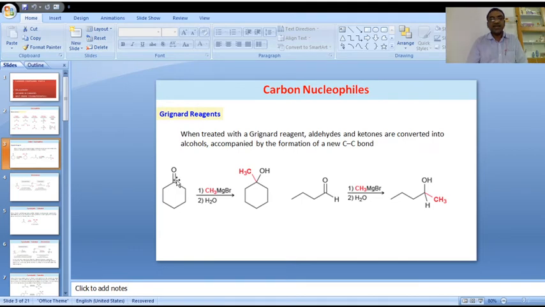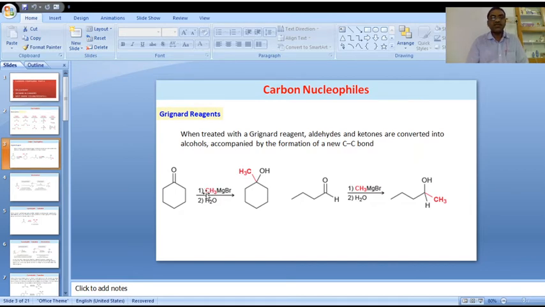Immediately the pi bond breaks and the oxygen becomes negative. That negatively charged oxygen attracts an H plus ion from water. It is a proton transfer step. In the first step, nucleophilic attack.